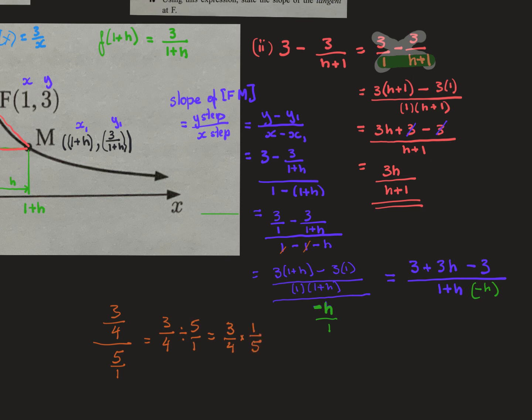So I just did the reciprocal of 5 and I multiplied it, and that's what we are doing in this particular case as well. So we've got minus 3.